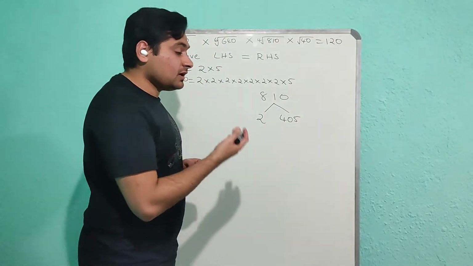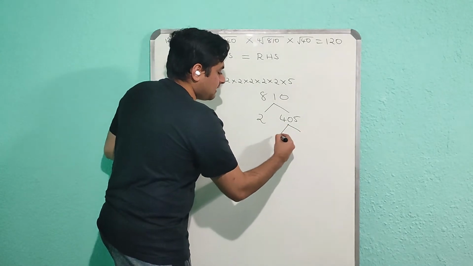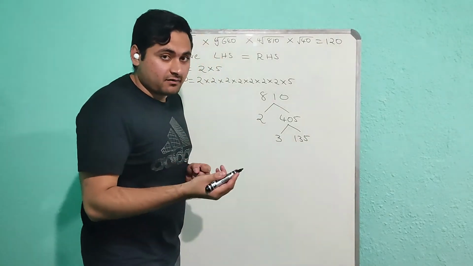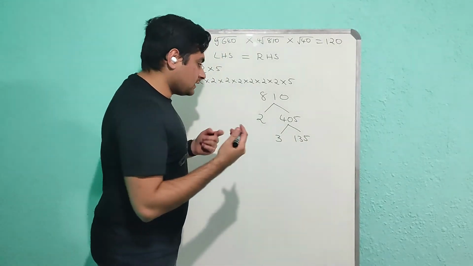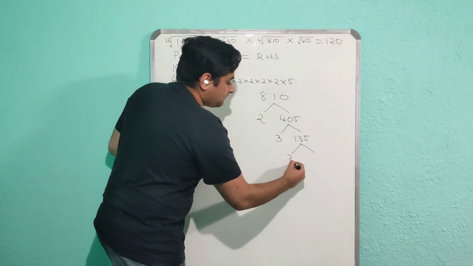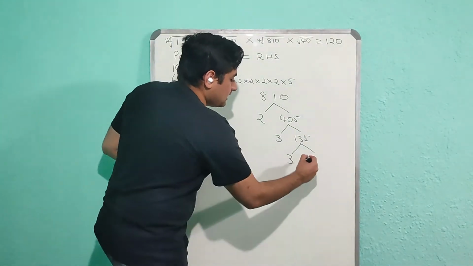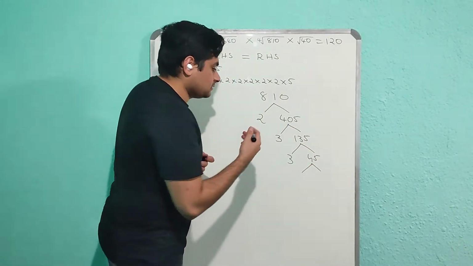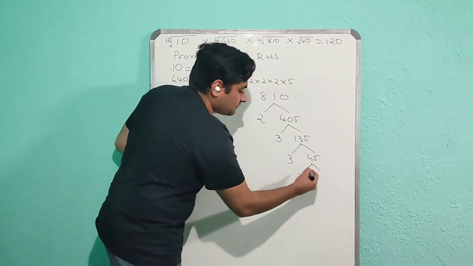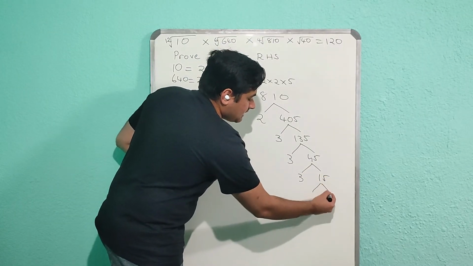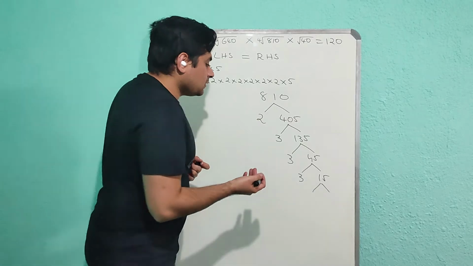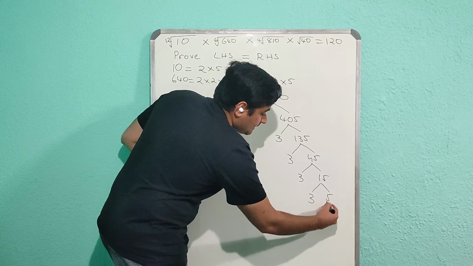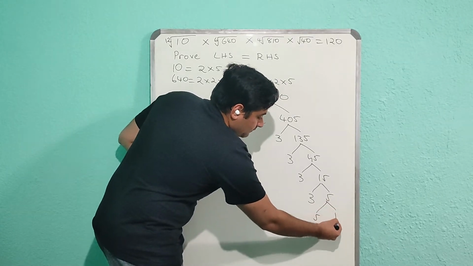Now 405 is odd, so it's divisible by 3. 405 divided by 3 gives 135. 135 divided by 3 gives 45. 45 divided by 3 gives 15. 15 divided by 3 gives 5. Finally 5 is divisible by 5 and we remain with 1.